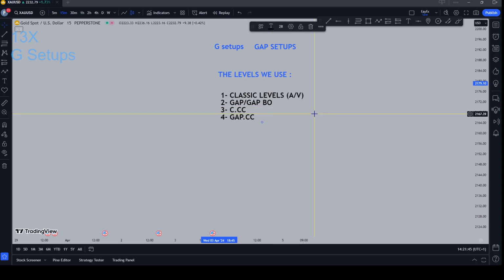We have classic levels, either A or V. We have gap levels. We have levels with CC, with confirmation candles. So we have a classic CC and a gap CC.